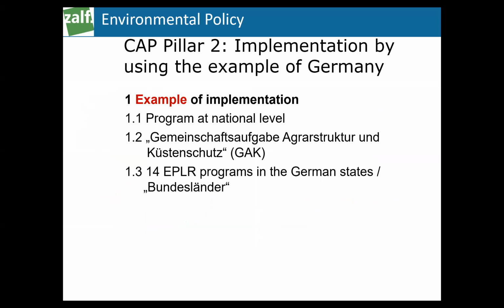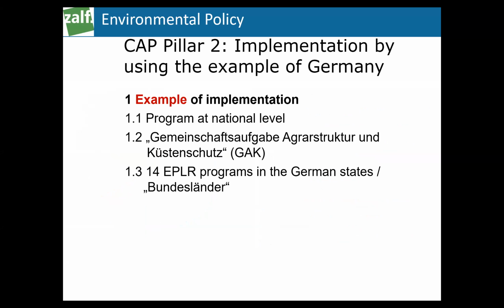And I give you now the implementation example in Germany, because what we said is, you saw the rural development program at the very beginning. I gave you the priority areas at EU level, which have been defined very precisely. And now you have to mirror this at a member state level and comply with this, to work for this goal.